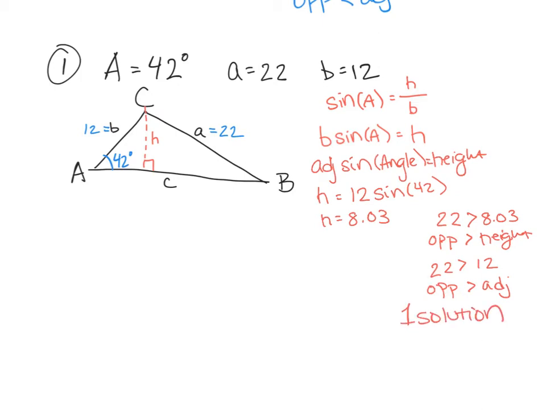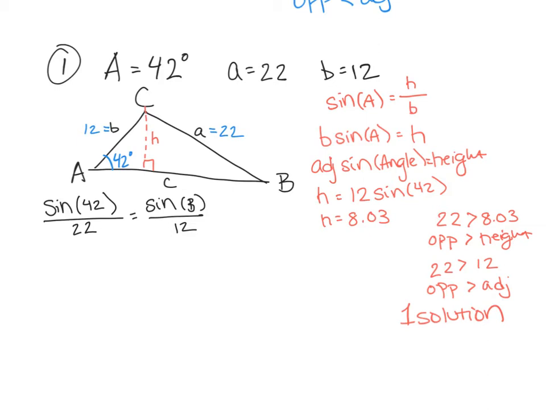Now that we know we have a triangle with just one solution, we would solve like we normally would. So let's do that. Sine of 42 over 22 is equal to sine of B over 12. So I'm just setting up the ratios that I know.